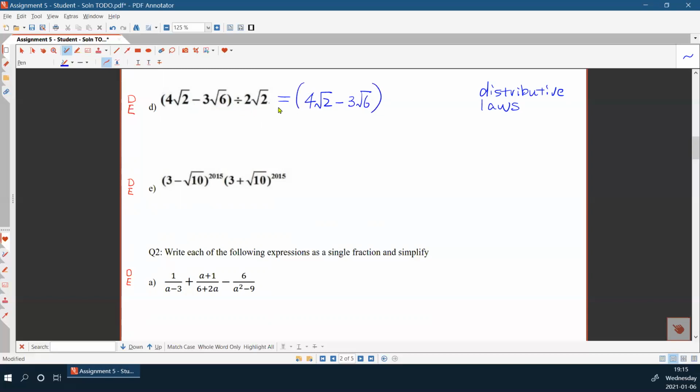Divide something is equivalent to times the reciprocal of this number, right? Okay, so then we can use the distributive laws. First item times twice of square root of 2 minus the second element times twice of square root of 2.